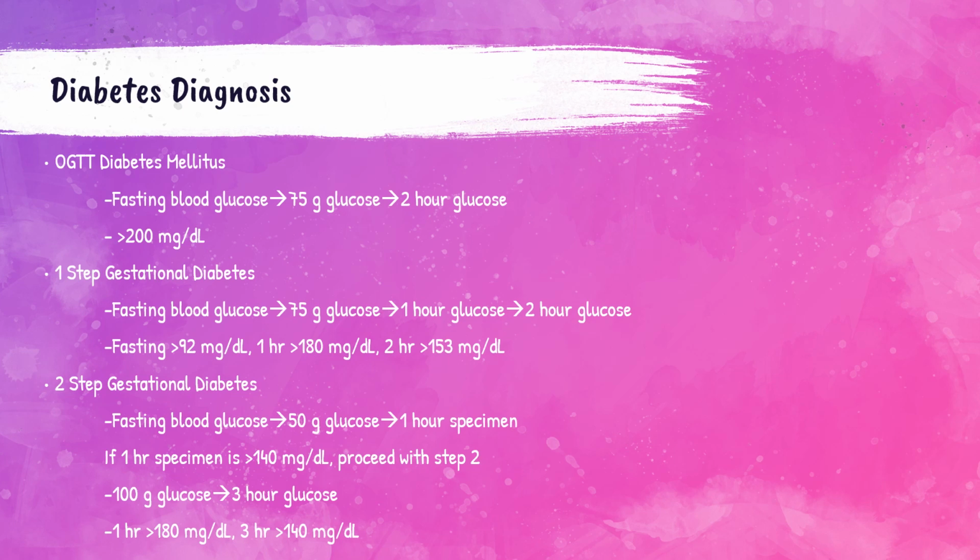Step 2 is performed by giving the patient a drink with 100 grams of glucose in it, and then their blood glucose is tested 3 hours after the completion of that 100-gram glucose drink. In this two-step test, if at 1 hour their glucose levels are greater than 180 milligrams per deciliter, and at 3 hours their glucose levels are greater than 140 milligrams per deciliter, then they can be diagnosed with diabetes.